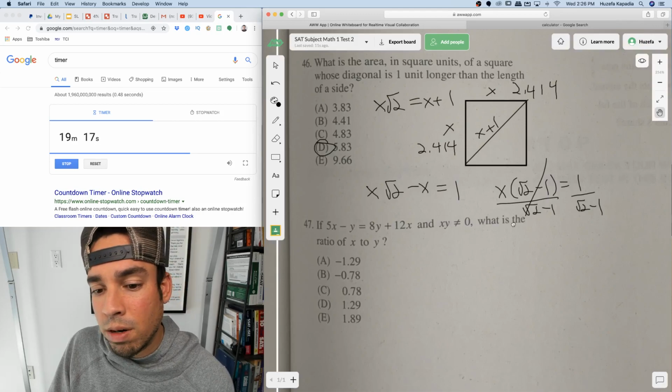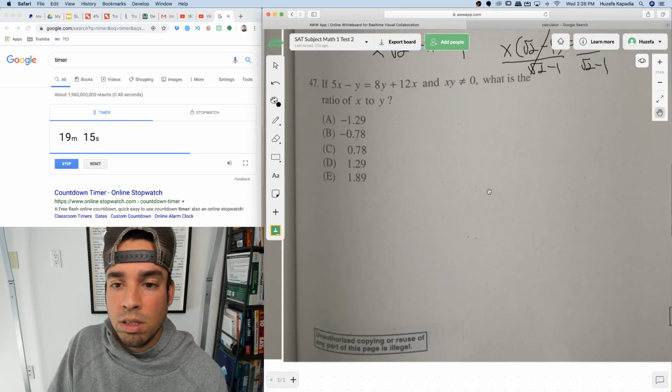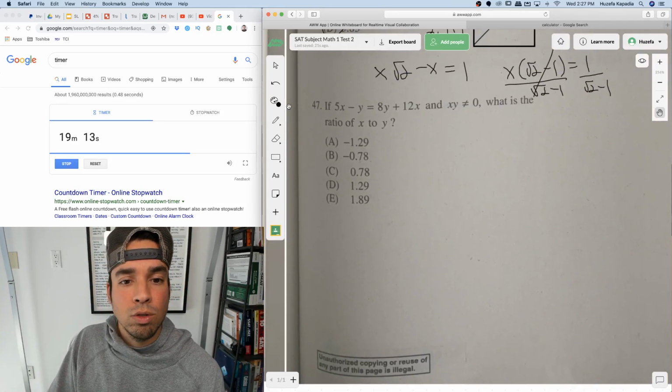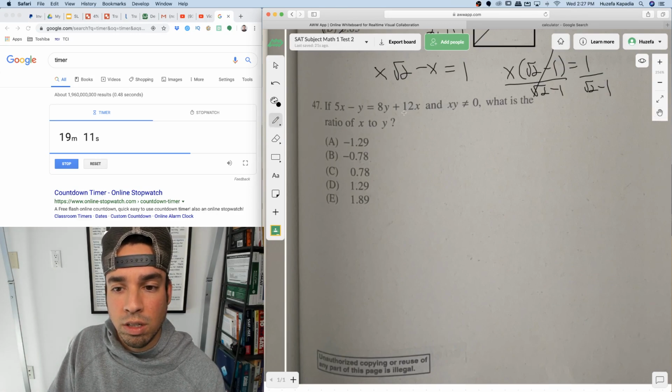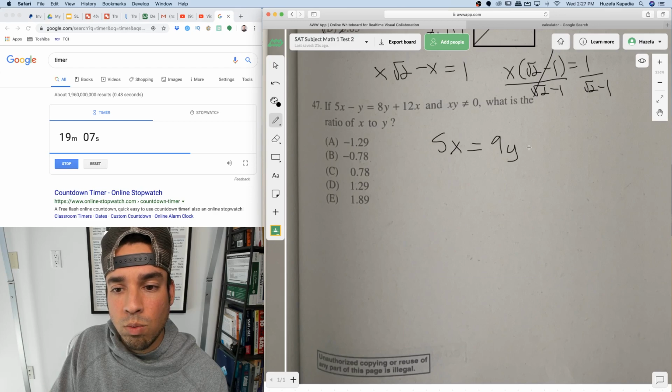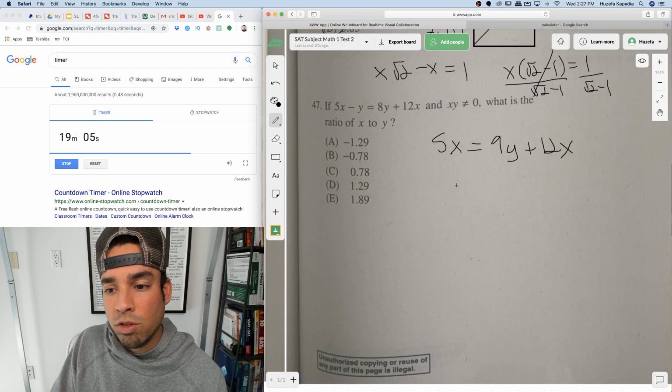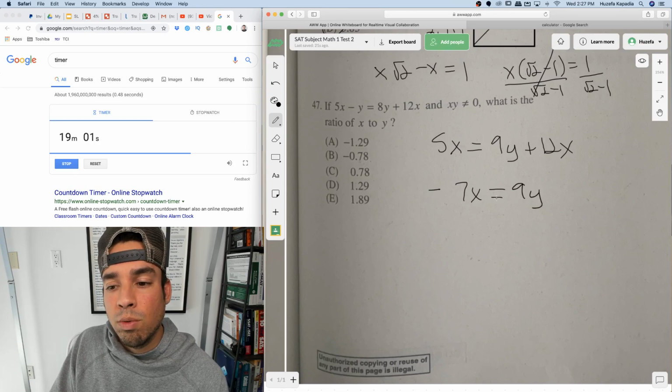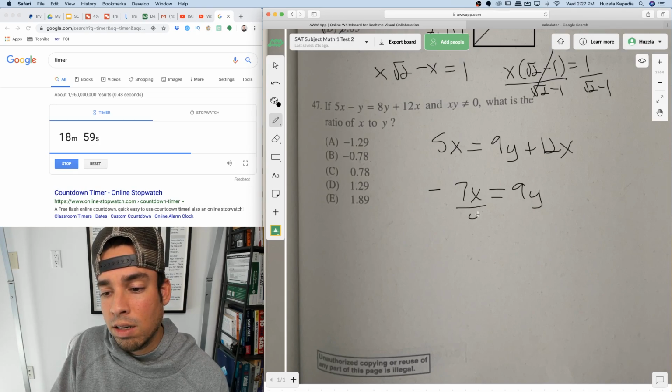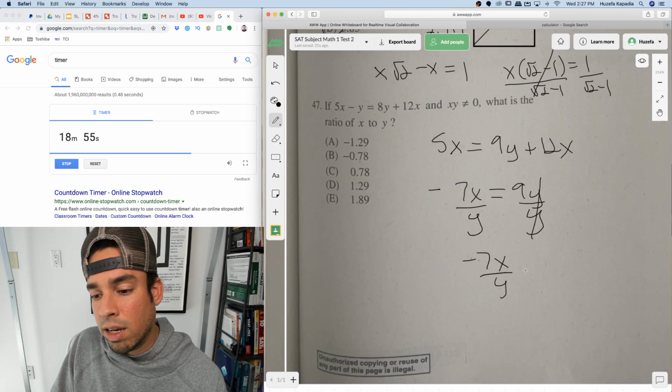So see, that's right. Okay, next, 5x minus 8 equals this, and x. What is the ratio of x to y? Okay, this is pretty basic. We're just going to combine the x's and the y's. 5x equals, add y to both sides, 9y plus 12x. Subtract 12x from both sides. Negative 7x equals 9y. And they want the ratio of x to y, so I'm going to get x over y. So negative 7x over y equals 9.